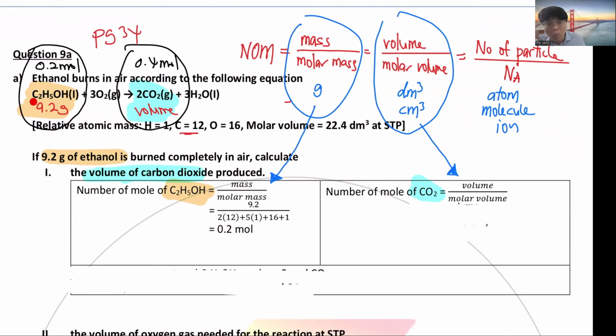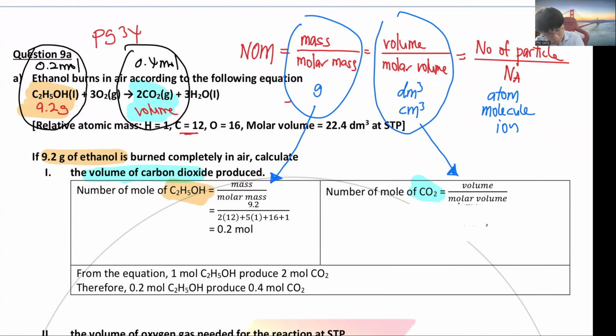Why? 1 mole produces 2 mole. Double up the number. So 0.2 will get 0.4.